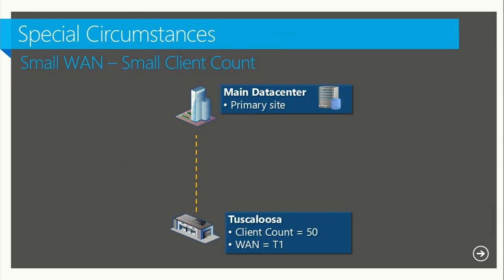Special circumstances. This one was fun. We have a situation where Tuscaloosa has a pretty small client count, only 50 clients over a T1 line. Just from what you've heard me say so far, what would you make that one? What type of system would you potentially put down here, based on what you see right now?